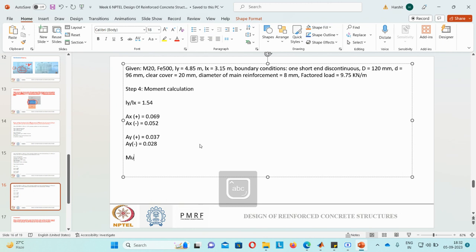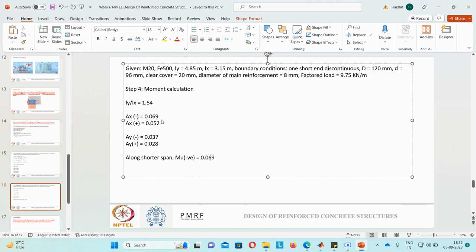So Mu along the shorter span, Mu negative will be 0.069. Okay, this is negative and this is positive. Okay, my mistake.